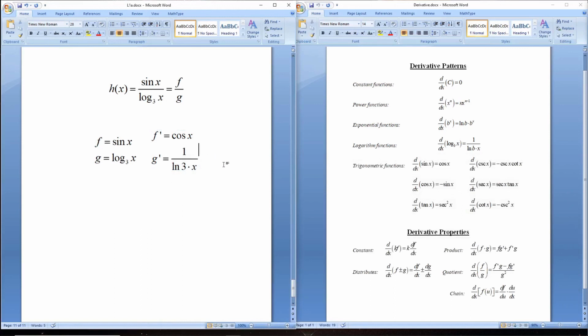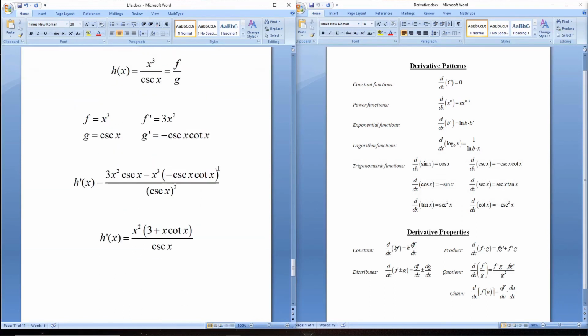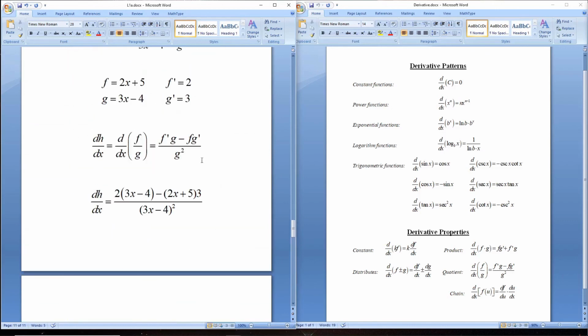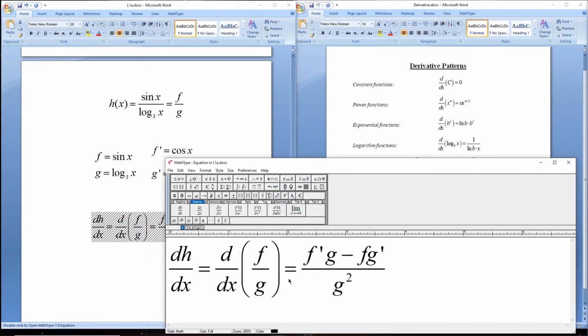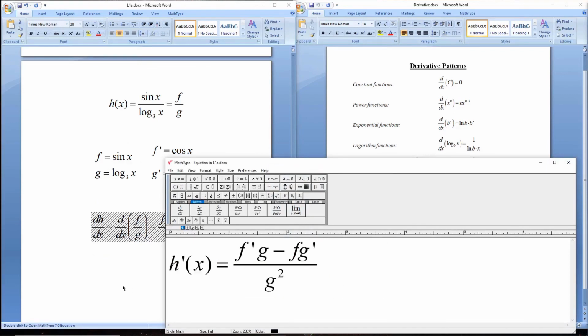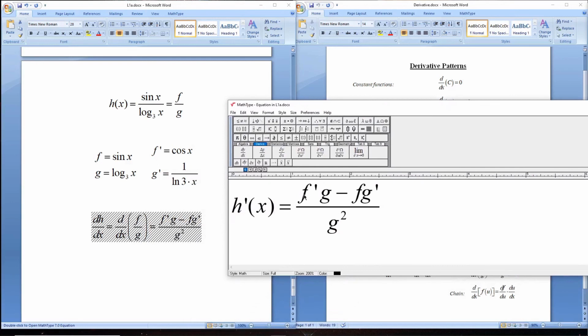And there's our information. And let me just grab a copy of the quotient rule real quick up here. Because I think that works pretty good, just showing you how to plug it in. And so the first thing we do is plug in the derivative of f, which is cosine x. And then we multiply this by g, which is log base 3 of x. And then we do minus f.